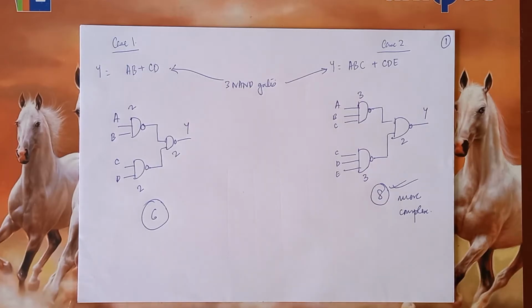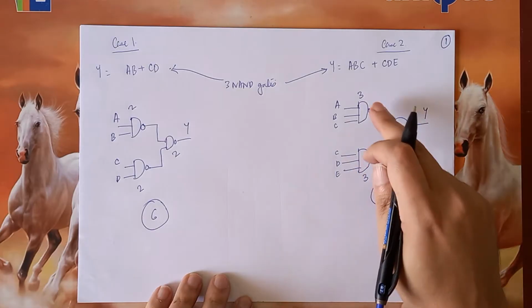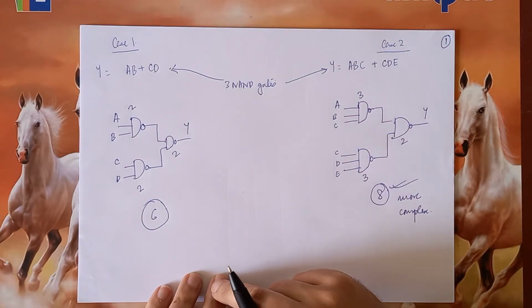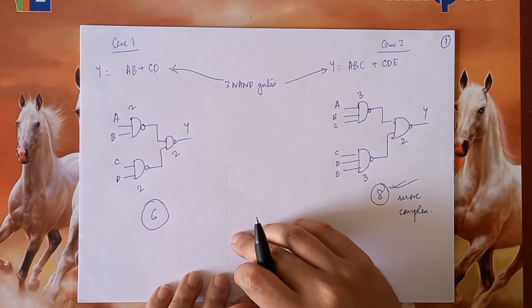Now, why am I saying that more inputs means more complexity? Simply because while it may not be visible in the gate form, it will be visible in the form of transistors.